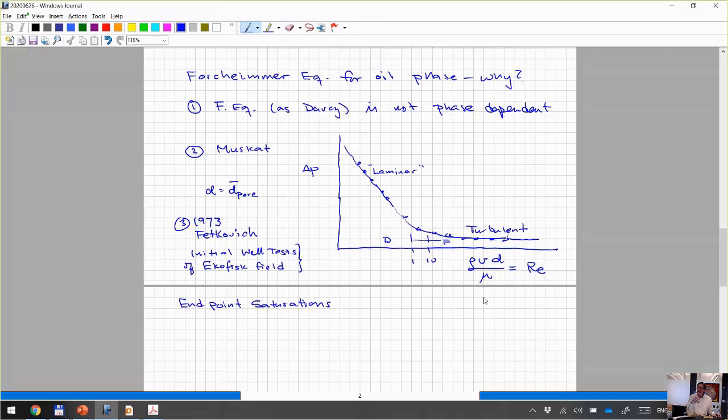That means the velocity of the oil was also significant at the wellbore because of region 1. So you're going to get pretty high velocities both for the oil phase and the gas phase.